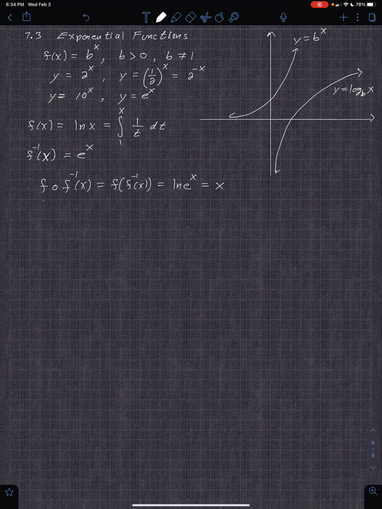And then the other way around, f inverse composed with f of x is equal to f inverse of f of x. So that would be e raised to the ln x, which we know is x. So this is by the definition of inverses.